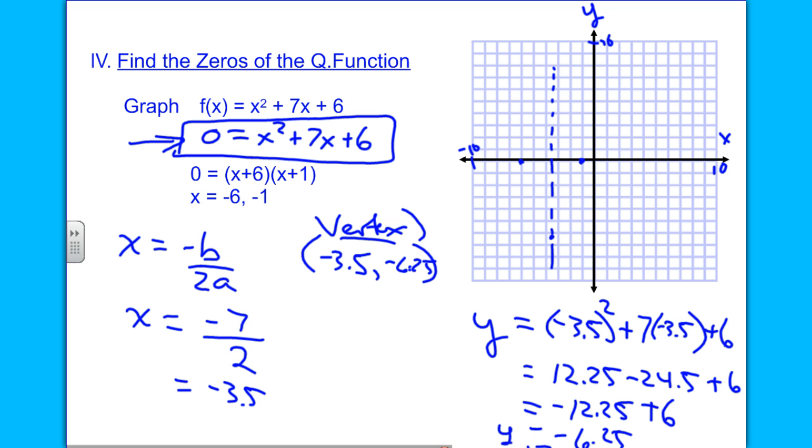Do we know any other point on this parabola, Juliana? Yeah, 6. What is that? This C is your y-intercept. Good. So we could go up 6, 1, 2, 3, 4, 5, 6, and plot the y-intercept. Y-intercept equals 6.